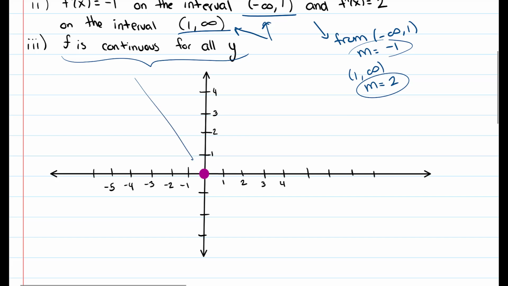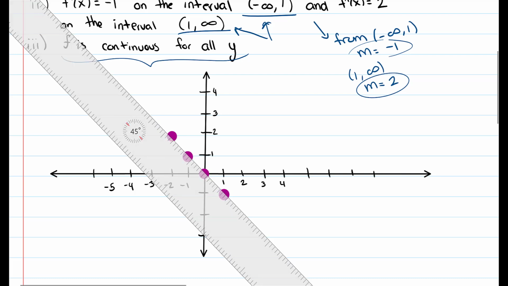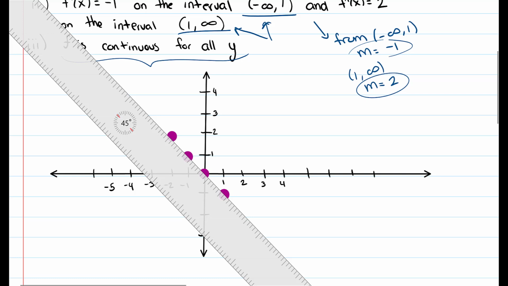So that means my graph is going to be going this way. With a slope of -1, I go down 1 over 1, and if I reverse it, I go up 1 over 1. And so this is going to give me my slope of -1 until I get to x equals 1.